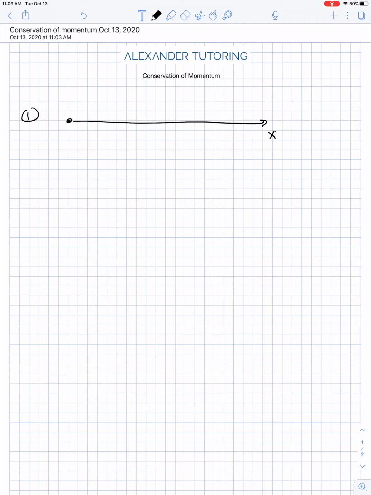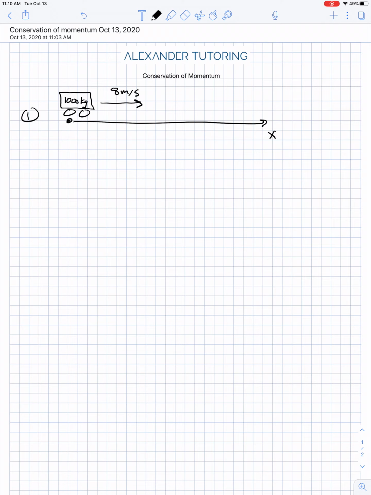Okay, and then at the origin, I'm going to have a car traveling at, say, 8 meters per second. And let's say that it has a mass of 1,000 kg, kilograms. Okay?